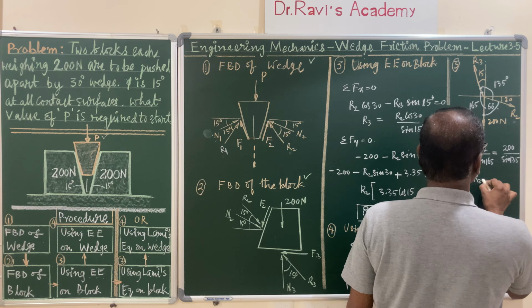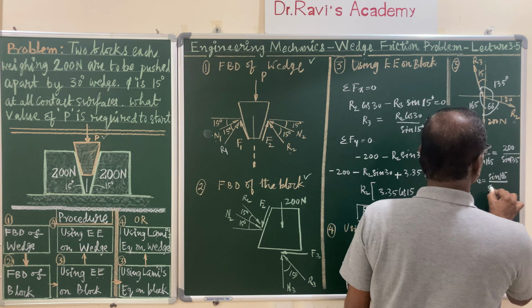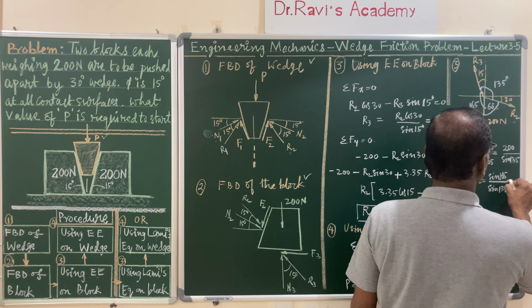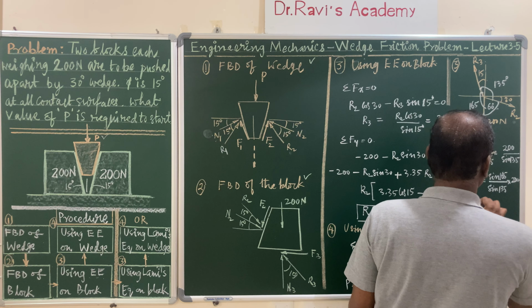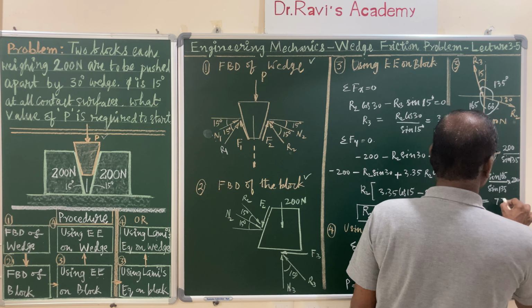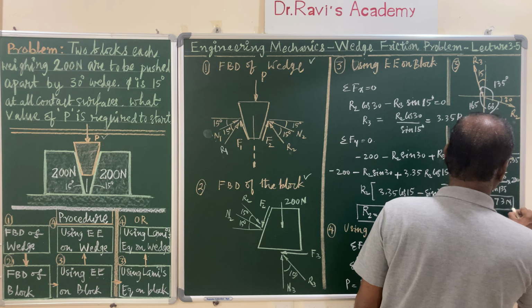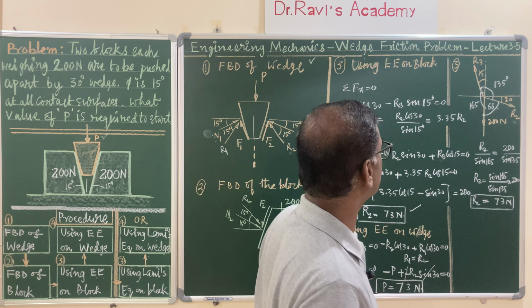And let us calculate R2 is equal to sine 165 divided by sine 135 into 200. So let us calculate using calculator. We get the R2 value as 73 newtons.